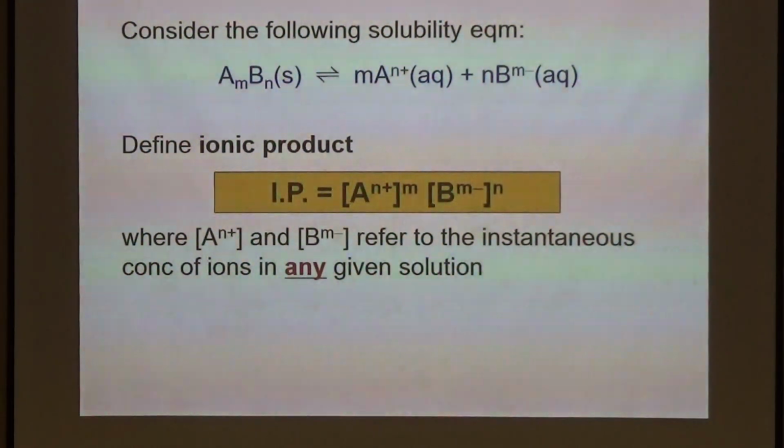KSP is the constant for a saturated solution at equilibrium. The ionic product is the same expression, however, it refers to the instantaneous concentration of ions for any given solution.